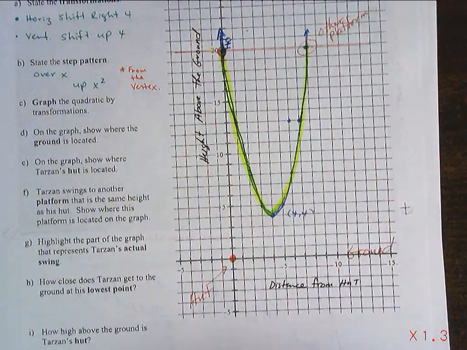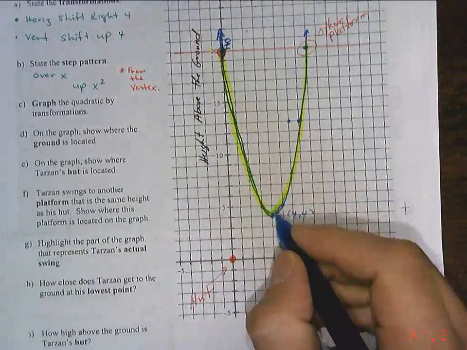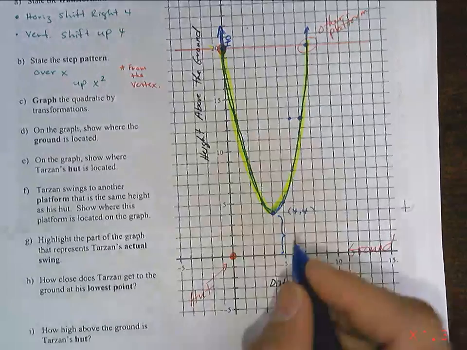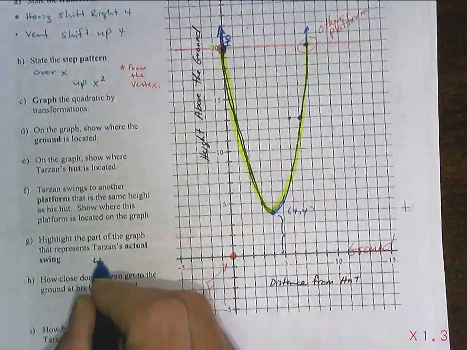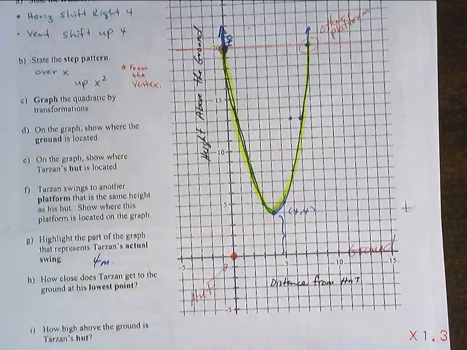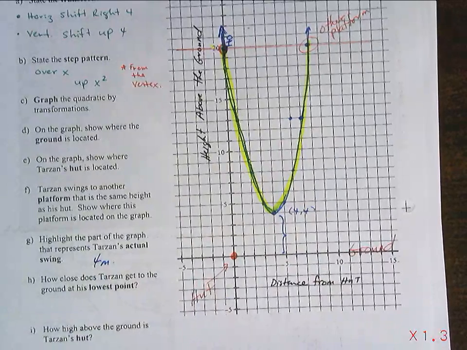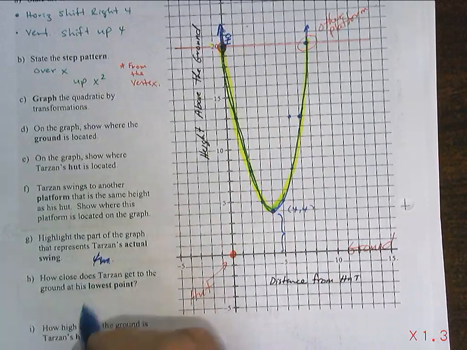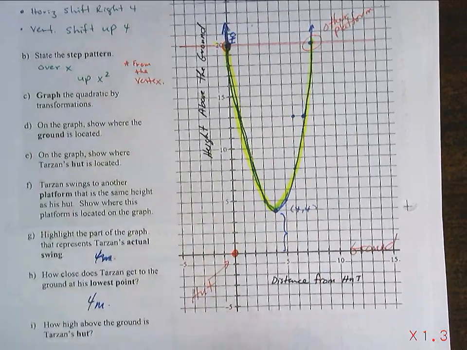There's Tarzan. How close does Tarzan get to the ground at his lowest point? Well, that's going to be his lowest point to the ground. And I believe that is 4 meters above the ground. Oh, wait. I'm sorry. I goofed. I highlighted 4 meters. Okay.